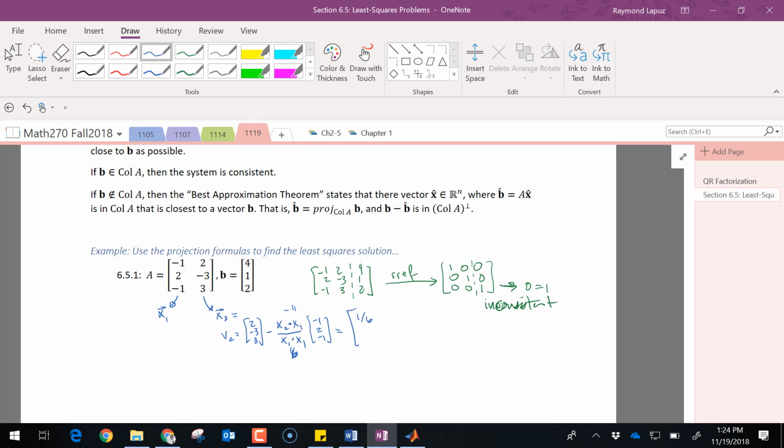So over 6, 3 is going to be 18. 22 minus 18 is 4, 4 over 6. Oh, I don't know. Is that right? 2 over 3.